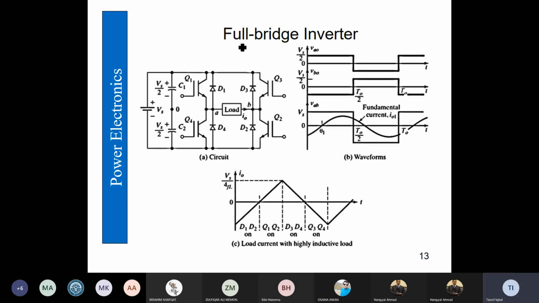Now we are starting the full bridge inverter. In this case, these two capacitors are just for safety purposes.